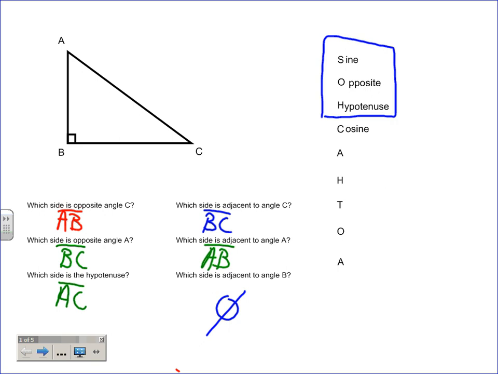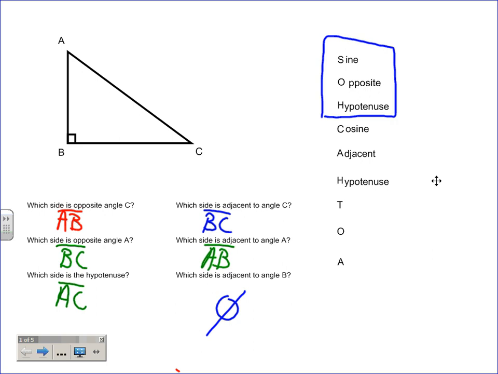Cosine's another one. Well, it's kind of a new word today, at least in what we've been looking at lately. The A stands for, well, look at the word we looked at today: adjacent. I kind of call that one the one left over after you find opposite and hypotenuse. And I'm guessing you know H by now. Hypotenuse.